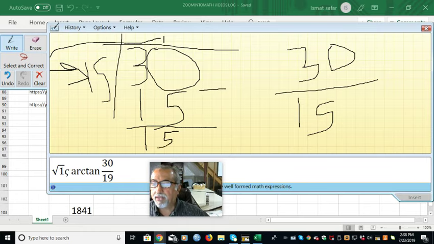Okay, now what happened here is, since there is 15 on the bottom as the remainder, there is room in 30 for one more 15. So we take this one out, and then we put 2 in there, because there's one more room for 15 in the number 30.